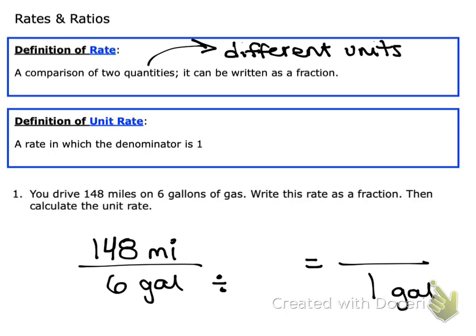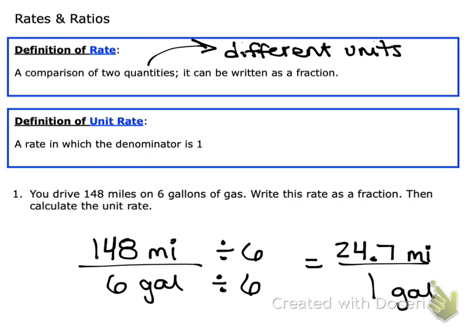What? 6. Good. You're dividing by the denominator, always. So we're dividing by 6. And again, the rates, unit rate stuff, if you want to use a calculator on, I'm fine with that. So when we do that, we end up with 24.7 miles per 1 gallon. And that would be our unit rate. The first one is our rate.